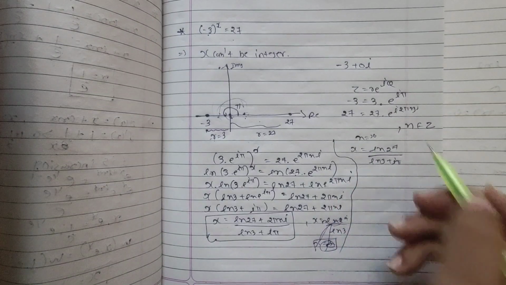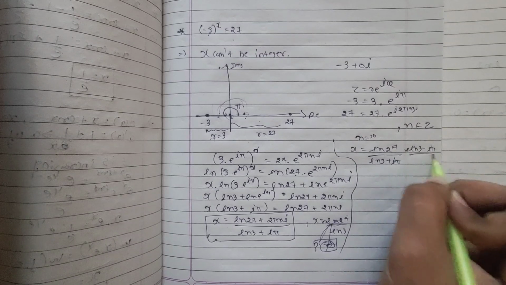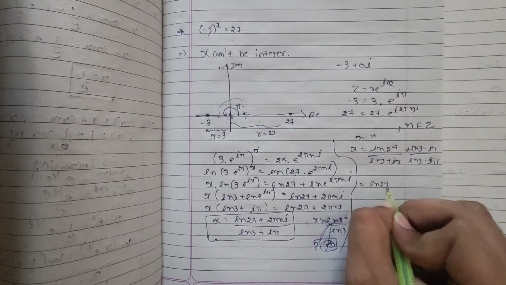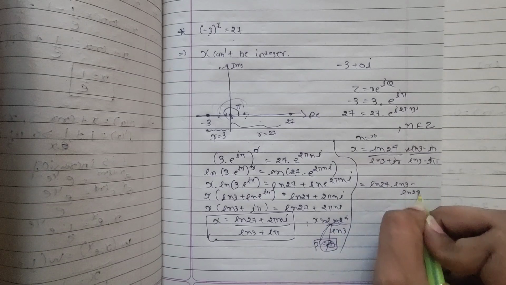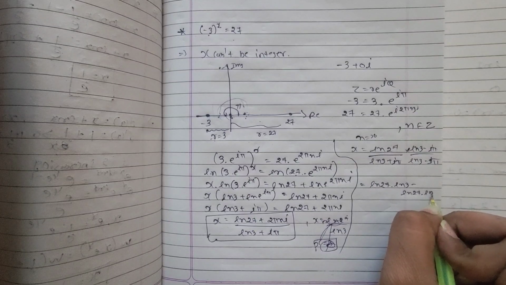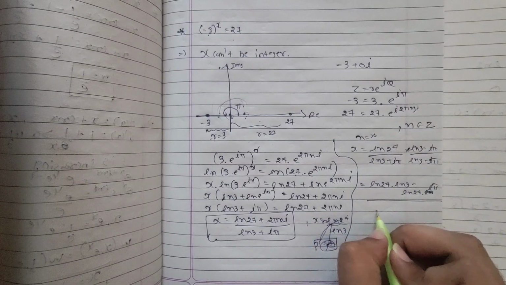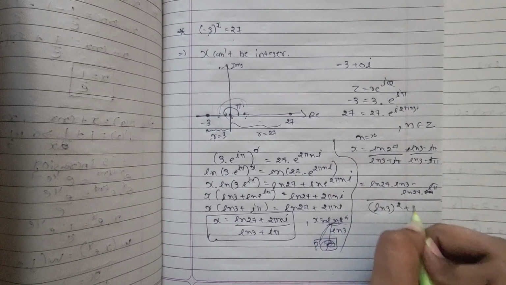Now if I take factorization, so if I multiply by ln 3 minus iota pi both in numerator and denominator, then what will happen? Pay attention, this will become ln 27 into ln 3 minus ln 27 into iota pi, and division by ln 3 square plus pi square, right?